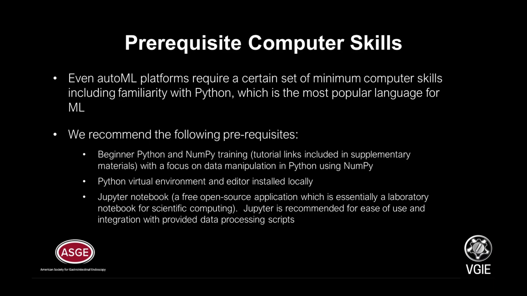If you're using the SUN dataset, the scripts provided can be run in your Jupyter Notebook to create the import files. Otherwise, they can be used as templates that can be modified for your dataset. In order to manipulate the data, it is recommended that you have a basic understanding of how to use NumPy and edit CSV files using Python. A great tutorial on Python and NumPy is included in the supplementary materials.